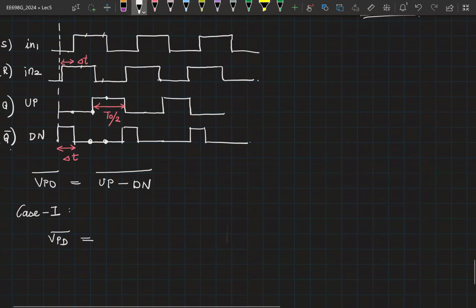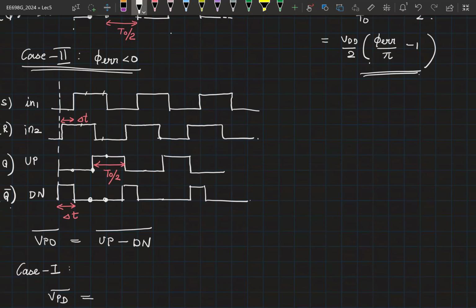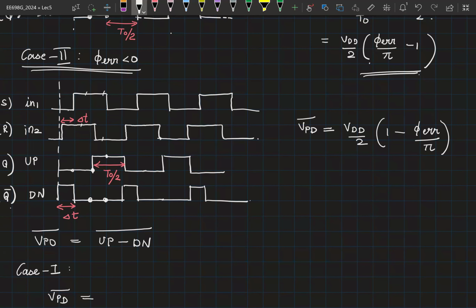What about this case? Quickly tell me the expression for this. 1 minus what is the fraction? VDD by 2. 1 minus phase error by pi. Is this right? Okay, this is wrong.